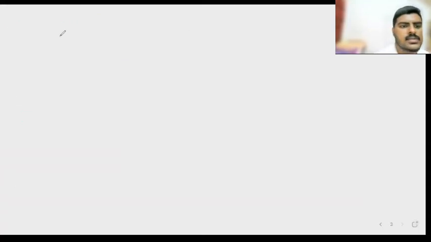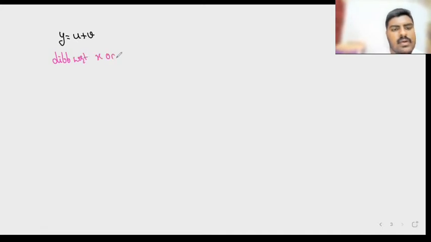All of you, y equal to u plus v. When you differentiate this with respect to x on both sides, dy by dx equal to du by dx plus dv by dx.